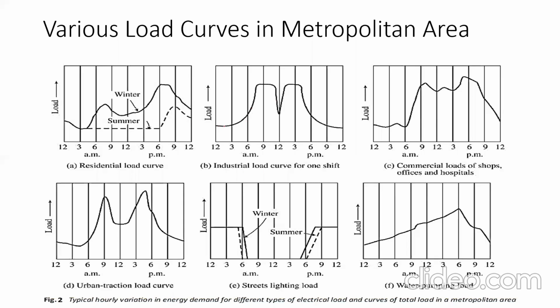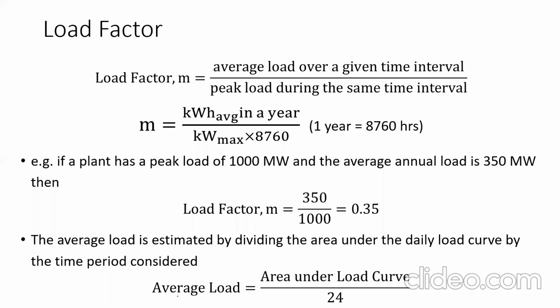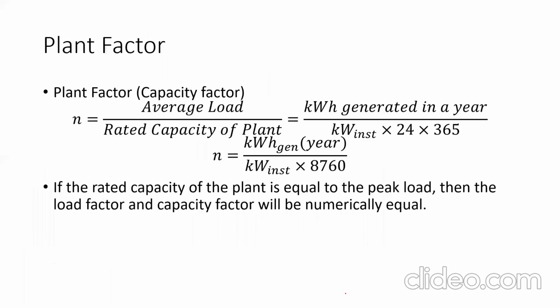The area under the curve means you have to calculate this area. The best method is to integrate. So the average load is equal to the area under the load curve divided by 24. You have to integrate to calculate by that method.